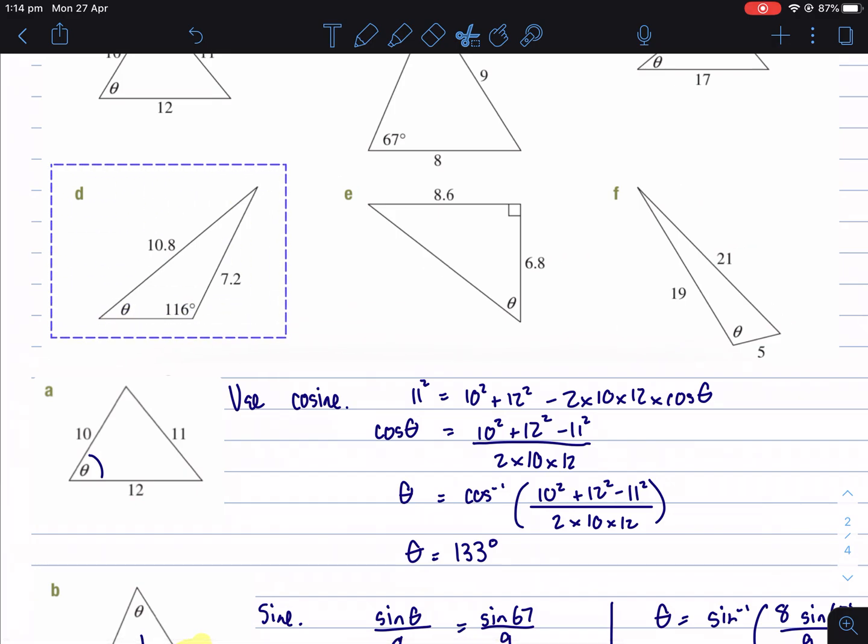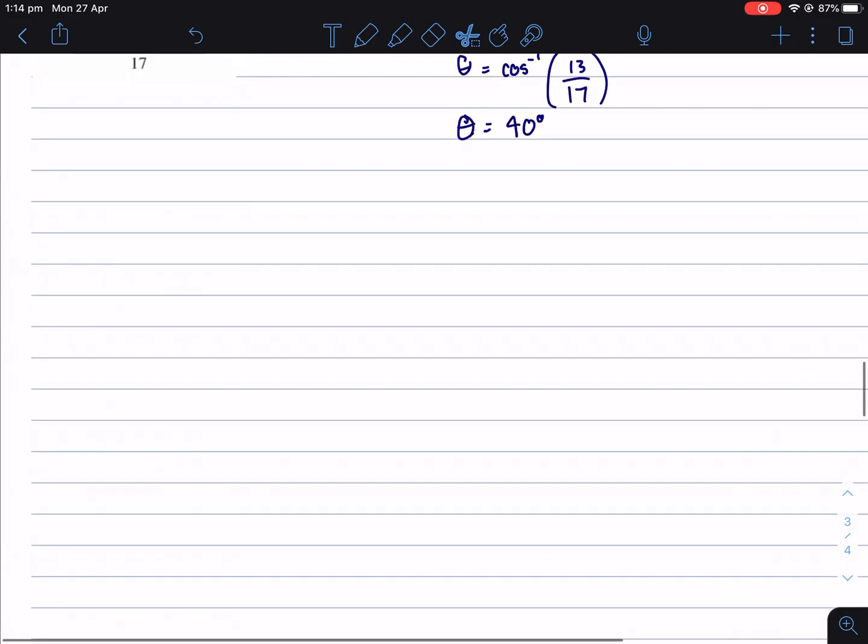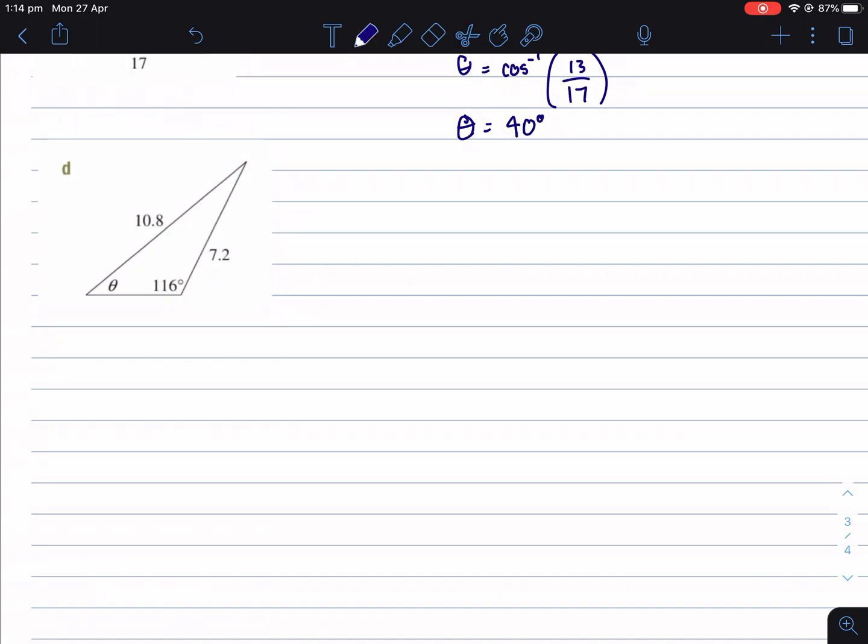And D. So definitely not a right angle triangle. We have an angle and its opposite side, so we're going to use sine.